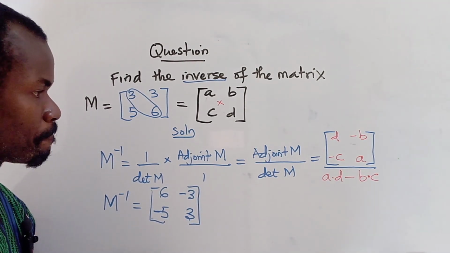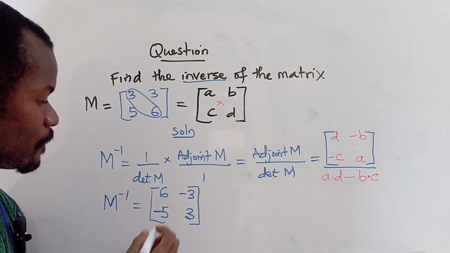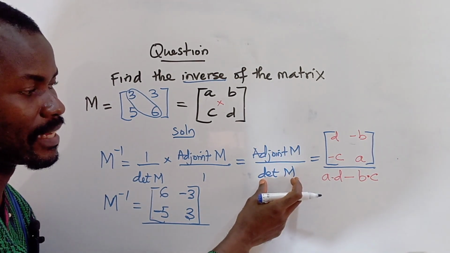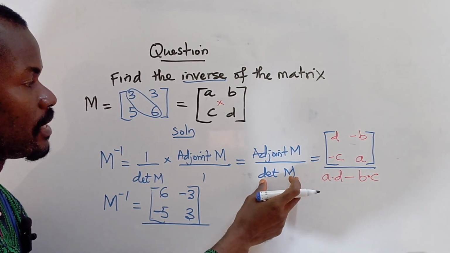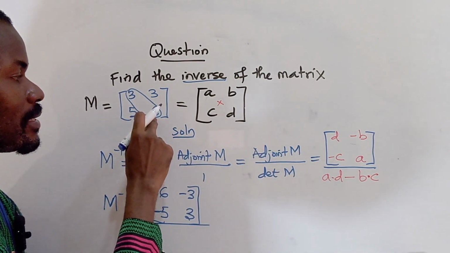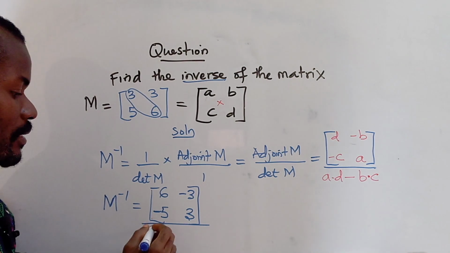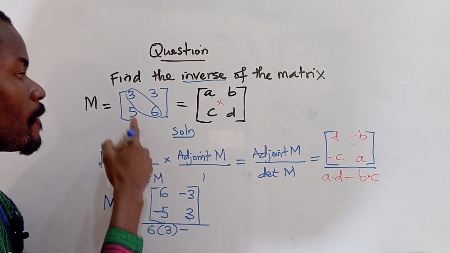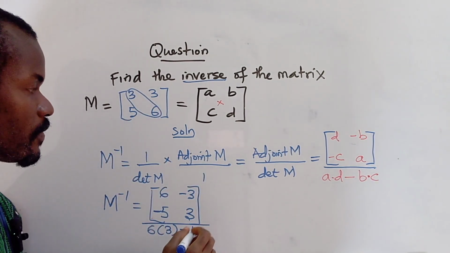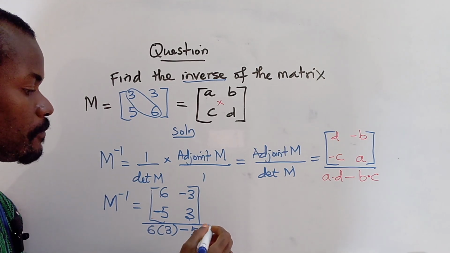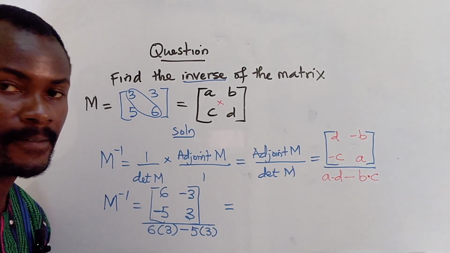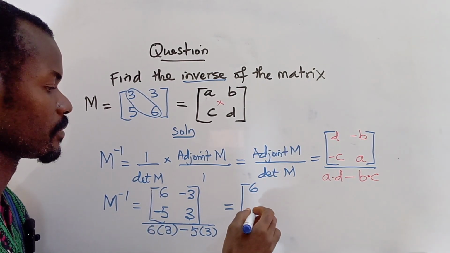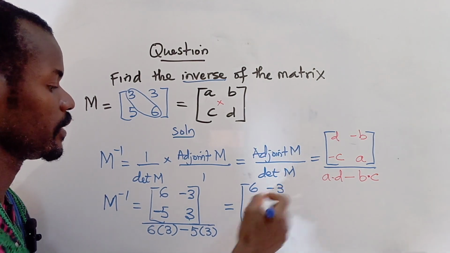Now I've gotten that, the next thing is we are going to divide all these by the determinant of M. And determinant of M means we are going to cross multiply 6 multiplied by 3, minus 5 multiplied by 3.